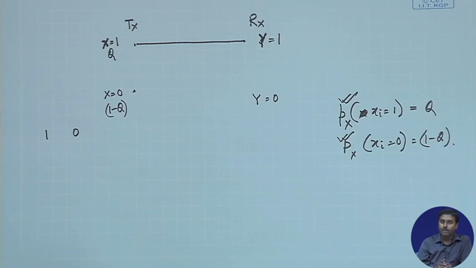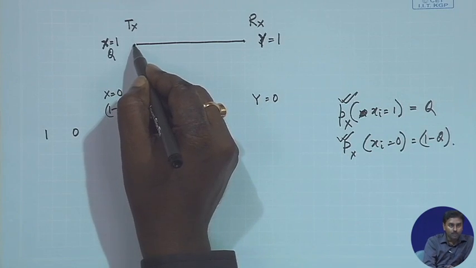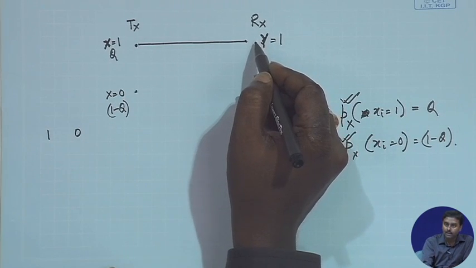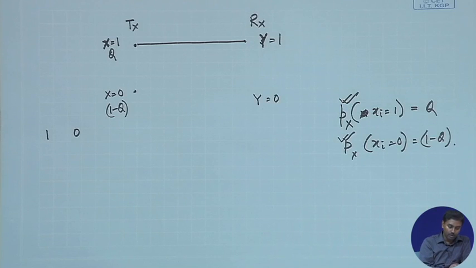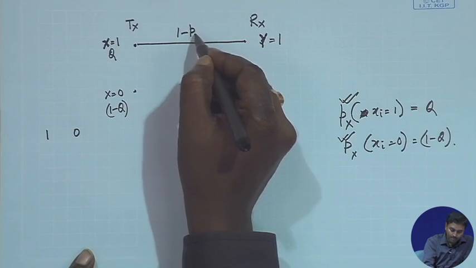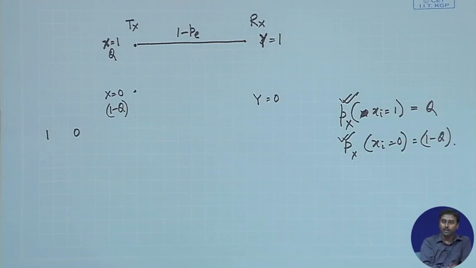Now, because of the channel there might be an error. The probability that I transmit 1 and also receive 1, let us call this 1 minus Pe, where Pe is the error probability.